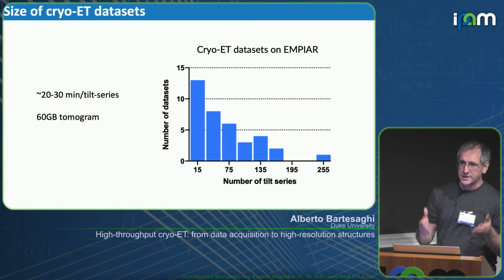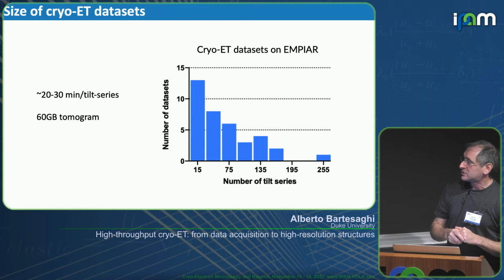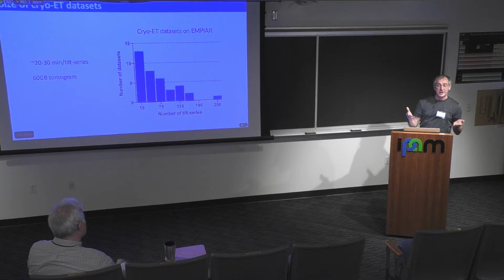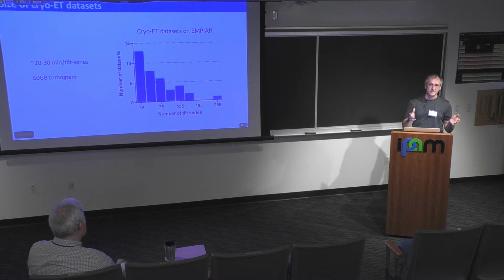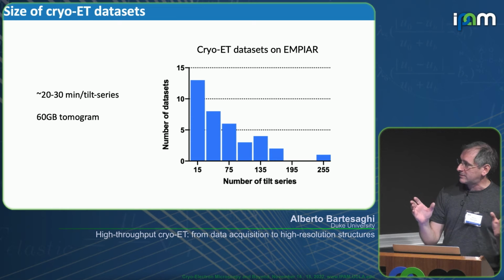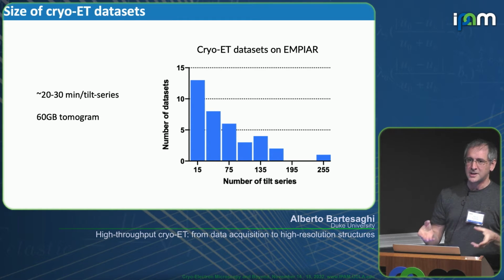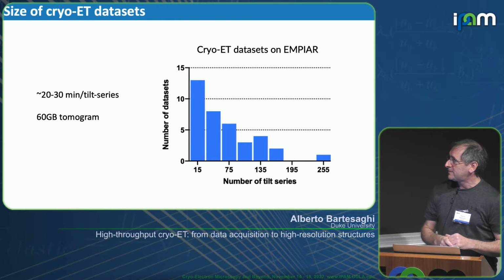So if you're trying to do subvolume averaging, in single particle we're used to looking at 8,000 micrographs, and the samples are purified. Here we're looking in situ, there's no purification, so everything is at physiological concentration, and taking a single one of those takes half an hour.